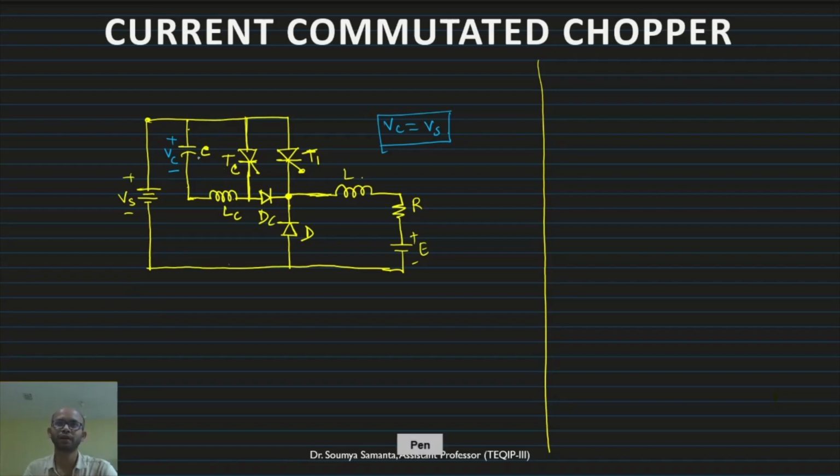The capacitor is charged fully to the voltage Vs, and the circuit is ready for operation. If we do not give a gate pulse to the thyristor T1, then nothing will happen, it will remain as it is.